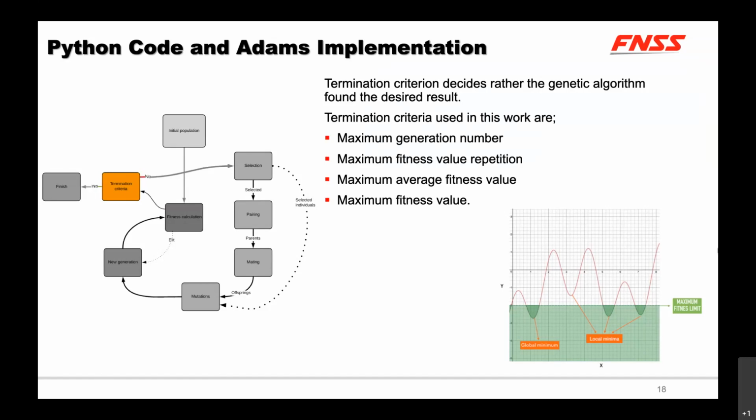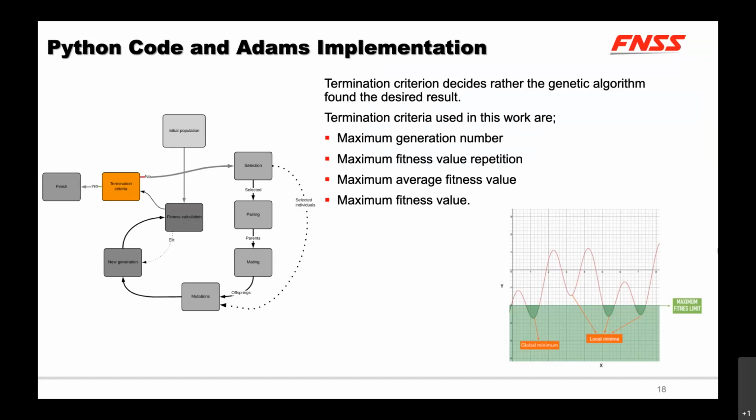We can stop the algorithm if the maximum fitness value doesn't get better with time. And if we want a bunch of good solutions instead of one, we can use a maximum average fitness value termination criteria. And finally, we have the maximum fitness value termination criteria, which allows us to obtain one good result.